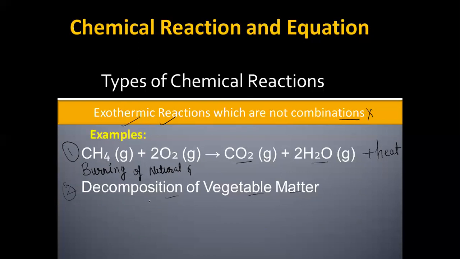Generally, we think that decomposition reaction is endothermic, but this decomposition of vegetable matter is exothermic in nature. Basically, what happens here? The dead and decaying material gets changed into smaller constituents, that decomposition occurs, and heat is also released here. So this is exothermic.